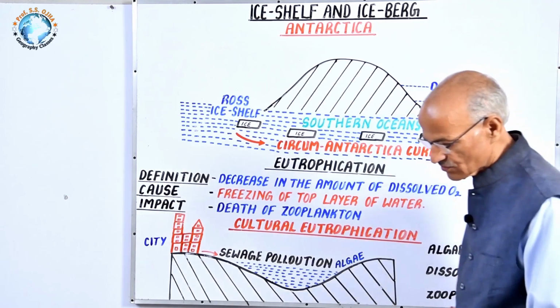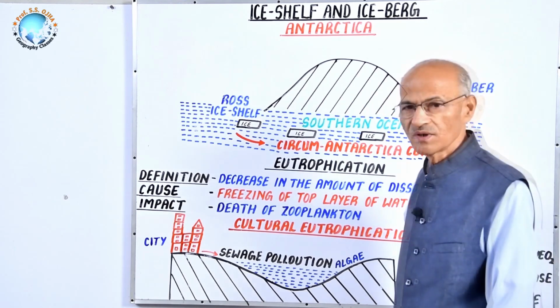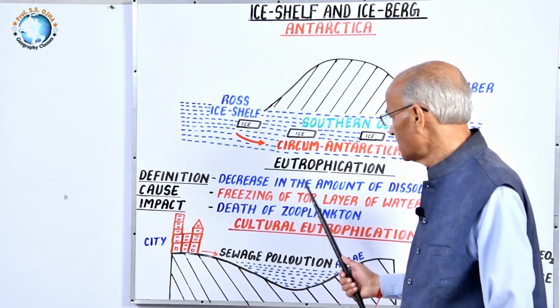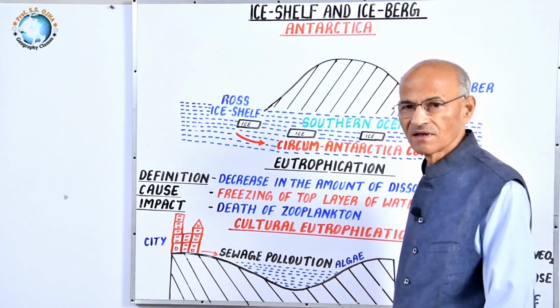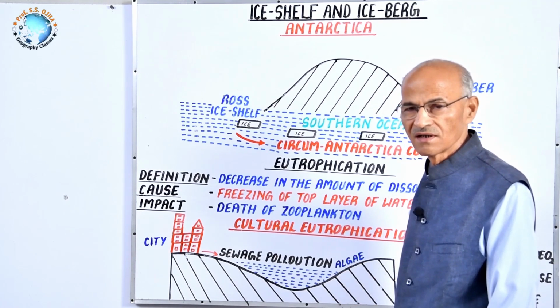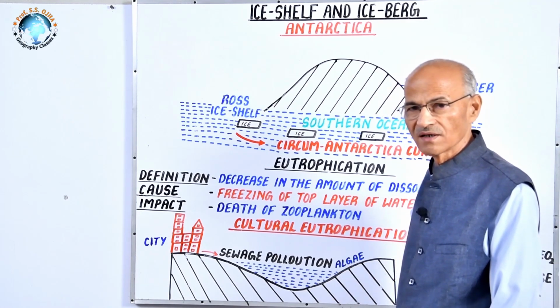Thus, if there is a question what is eutrophication, then you will say that the decrease in dissolved oxygen is eutrophication. Its cause may be natural, the freezing of water, and cultural, the sewage discharge, and the impact of both is death of zooplankton.